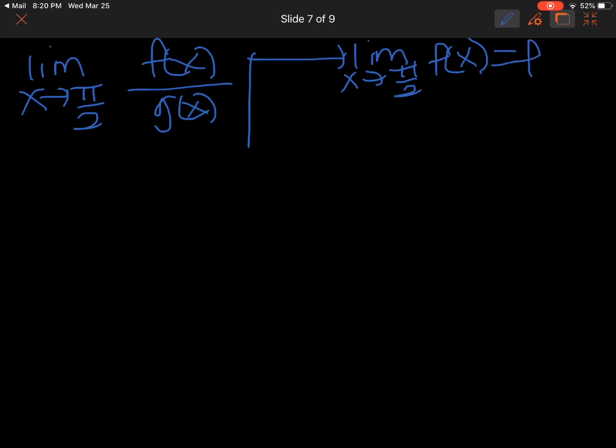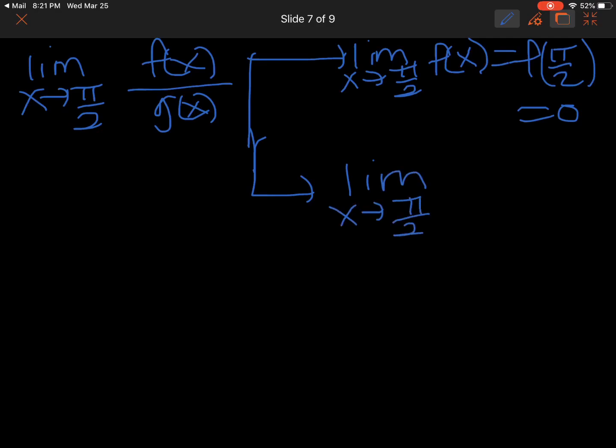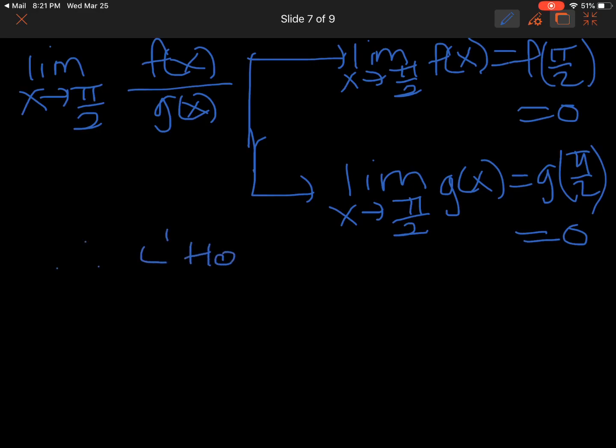We know that's equal to f of pi over 2, as said earlier, and that is equal to 0. And we can also do the bottom. We have to do both to get the credit here. The limit as x approaches pi over 2 of g of x is equal to g of pi over 2, which was stated to be 0. Since both are 0, we know that therefore L'Hopital's rule applies.